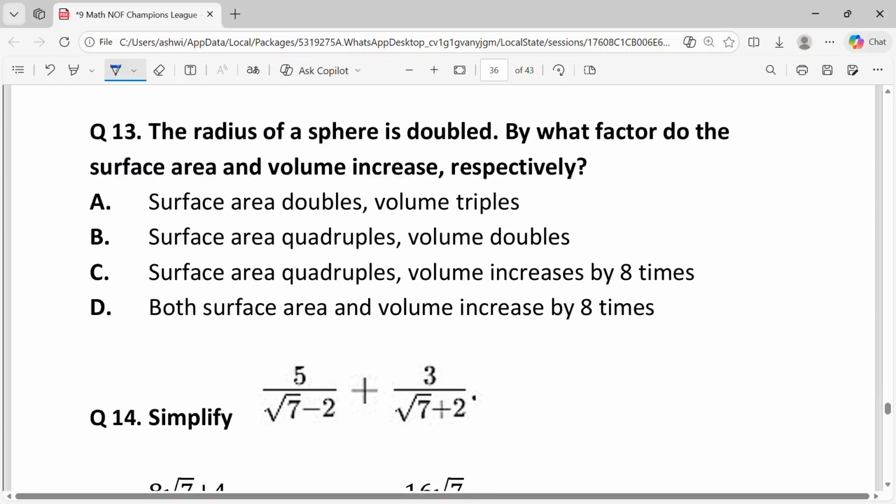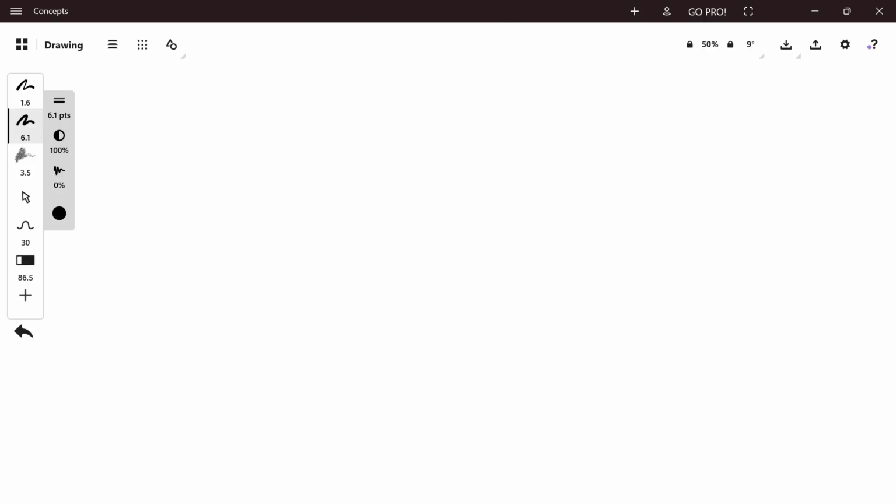Question 13. The radius of a sphere is doubled. By what factor do the surface area and volume increase respectively? The surface area of a sphere is A is equal to 4 pi r square. If the original radius is r1, the original area is A1 is equal to 4 pi r1 square. The new radius r2 is double.